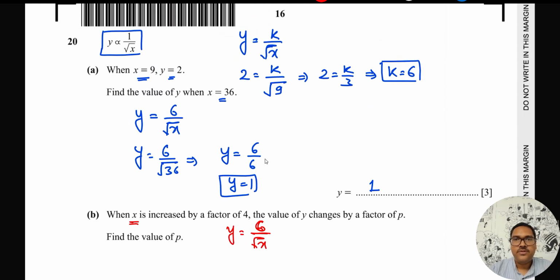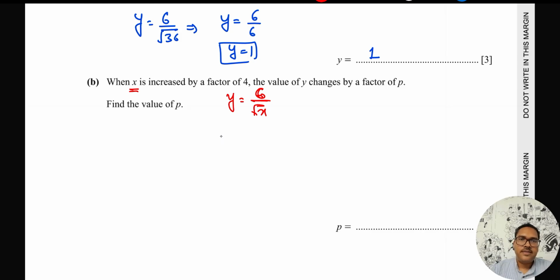Now, when x is increased by a factor of 4, so that means, let's say this is y1. When x is increased by a factor of 4, this is 6 by root 4x. Then what is the value of change? So for example, this was initially y1, and this is after increasing by a factor of 4, the new y. So you can see here, this is 6 upon root 4 into root x.